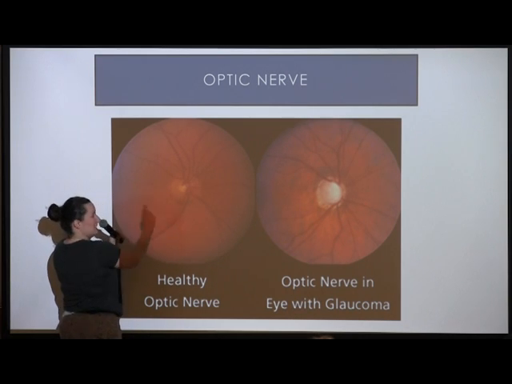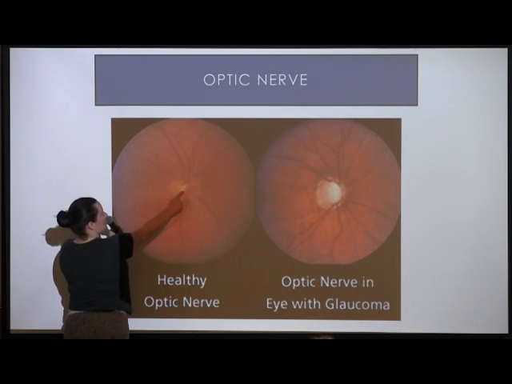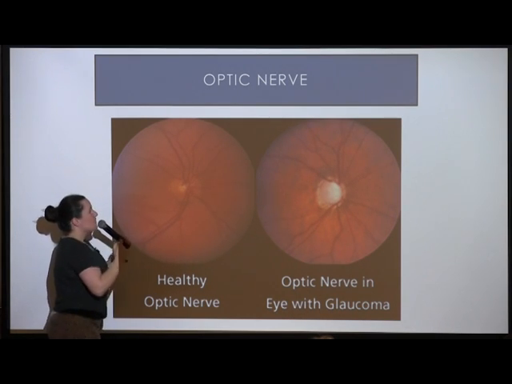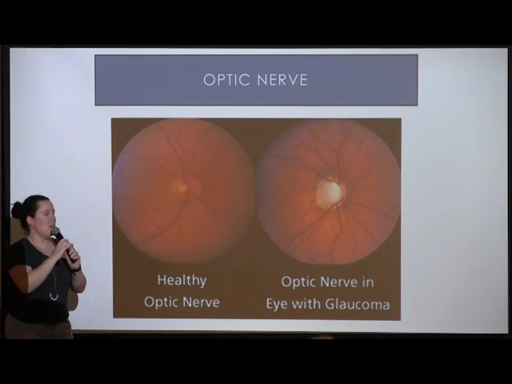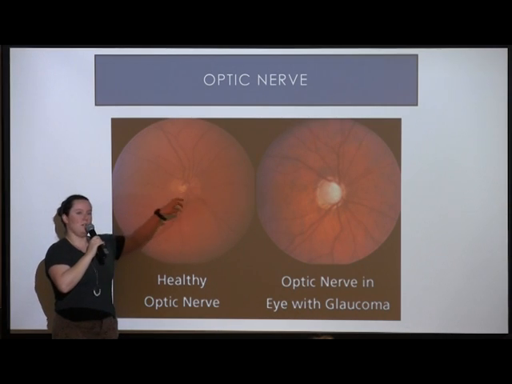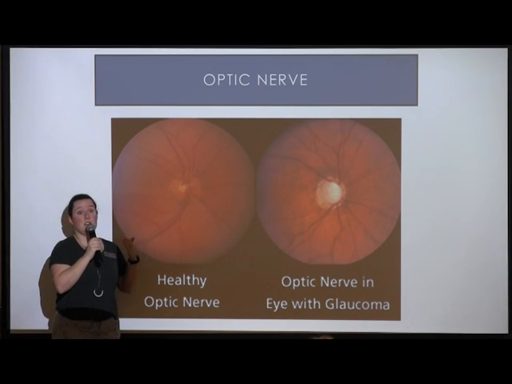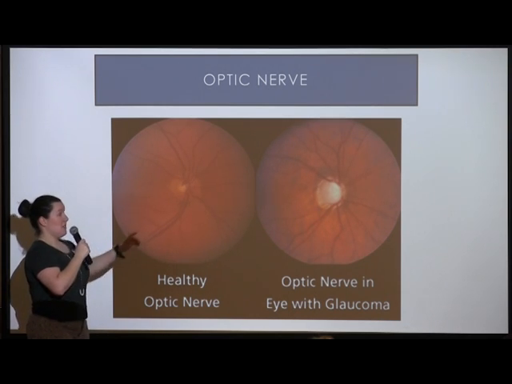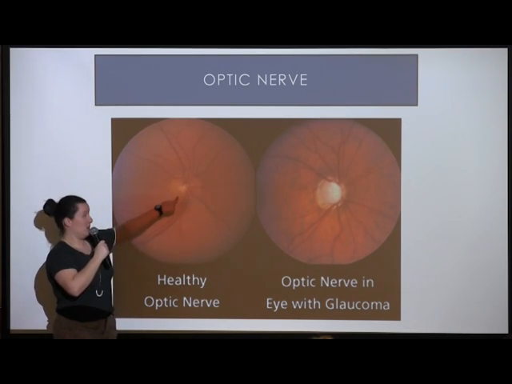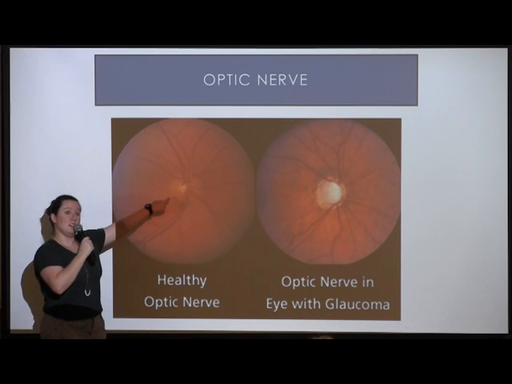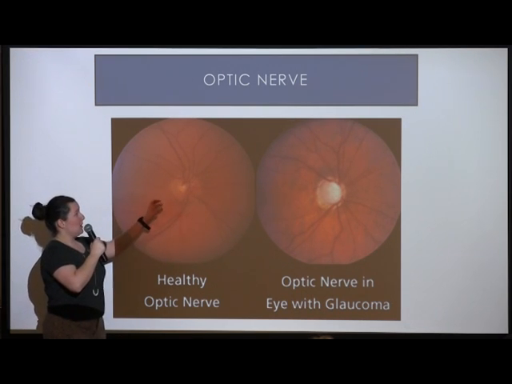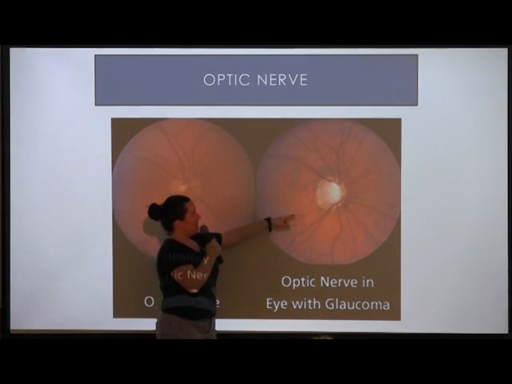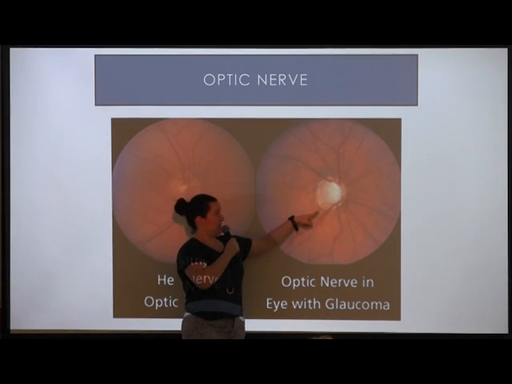Then we have, it's really subtle here, a brighter spot, maybe more yellow, a smaller yellow circle in the middle. That's actually a hole, and that's where these blood vessels are traveling through. That's normal and everybody has that. But with glaucoma, the healthy part of that tissue, the orange circle, is starting to die. So then that hole gets bigger, and we can see something more similar to this eye on this side.